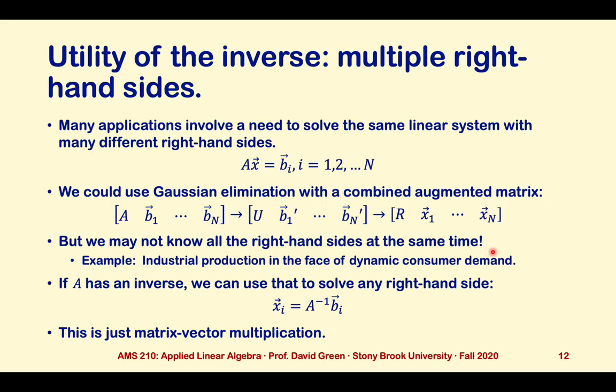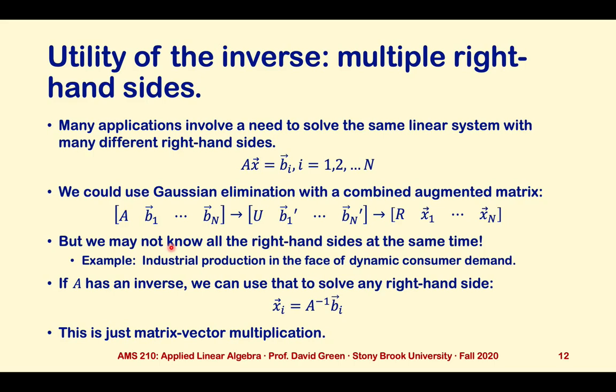We don't know up front what the demand is going to be a year from now, 2 years from now, 10 years from now. The system may be the same. If you have the same set of facilities, that set of facilities is defined by the matrix A, the coefficients A.